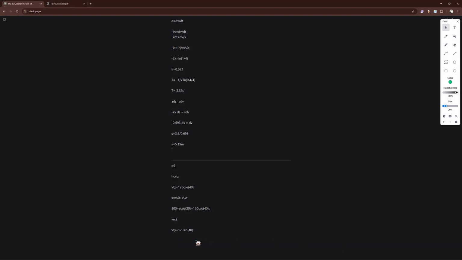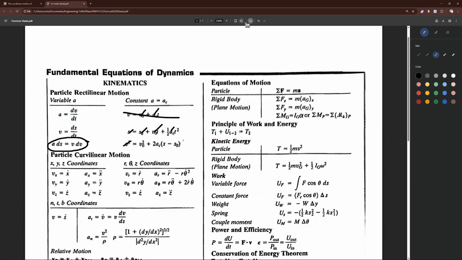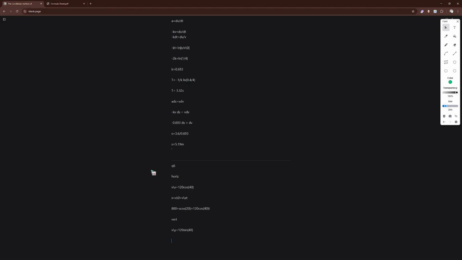I'm going to stop flipping to the formula sheet, because you should have the formula sheet. Well, I can't speak on that. It would be nice if you get a formula sheet. But I don't want to keep flipping back to it to show the same equation over and over. So we're going to be using y is equal to y naught plus vy t plus half a t squared.